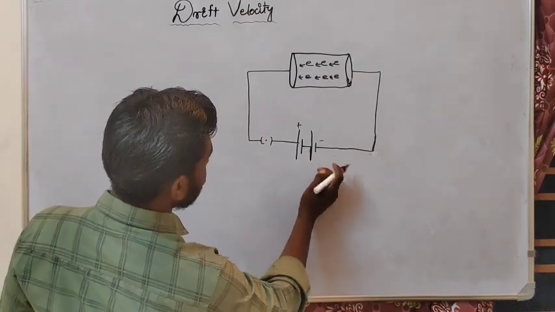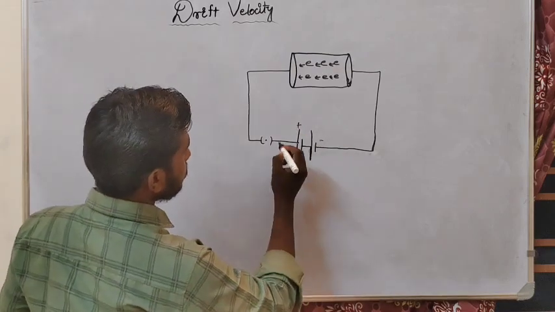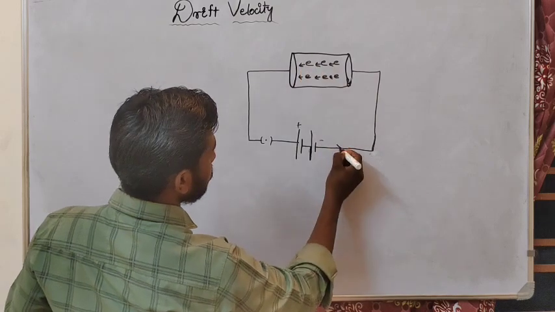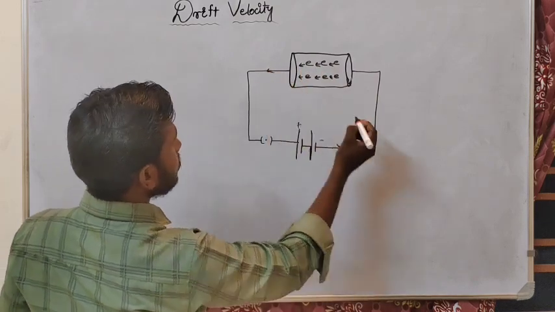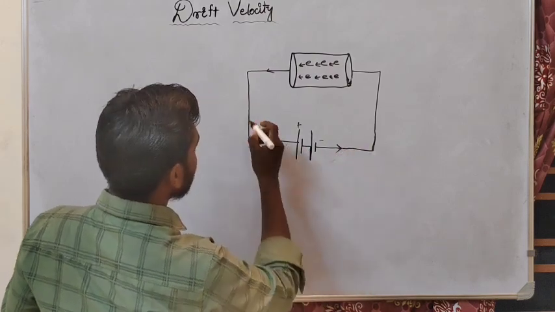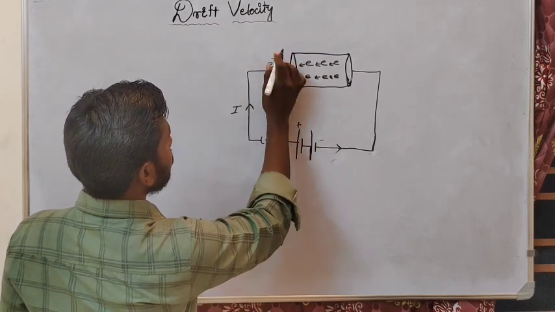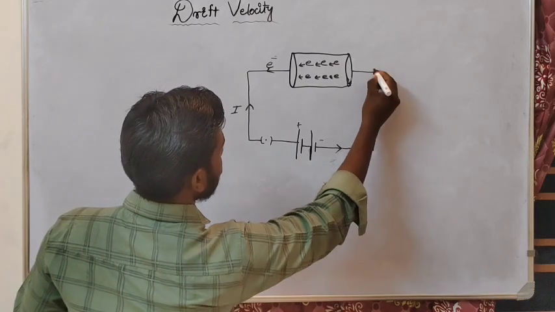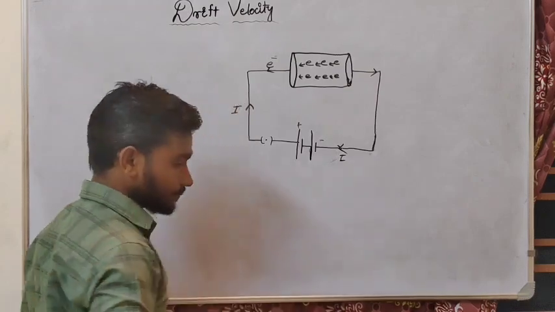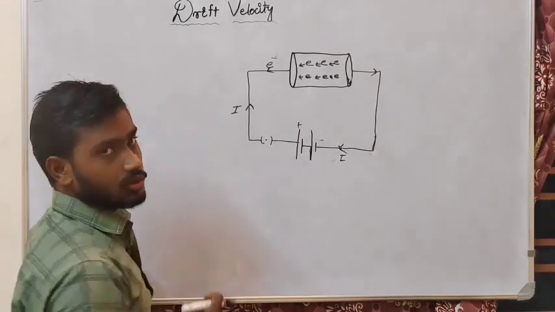Now the circuit is closed. This is the direction of current, and this is the direction of the free electrons.